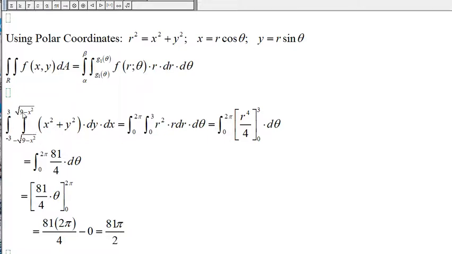This is y equal to the square root of 9 minus x squared. The outside integral is with respect to x, so this is x equal to negative 3, x equal to 3. And so what we can do is look at the graph, and we can see what the polar region looks like.